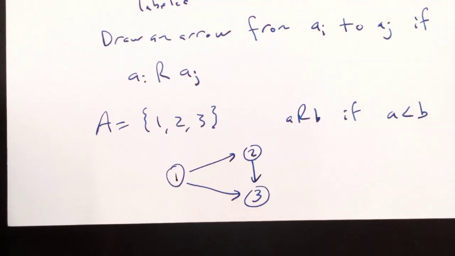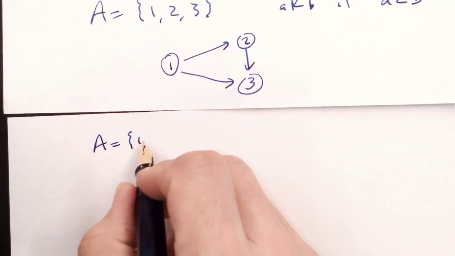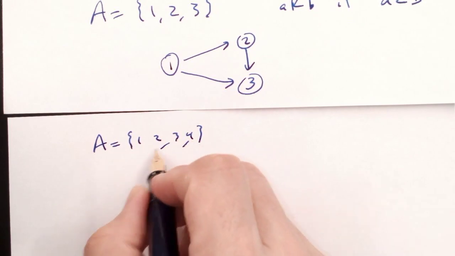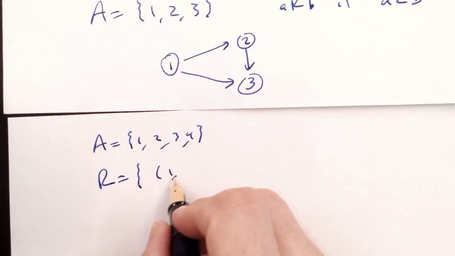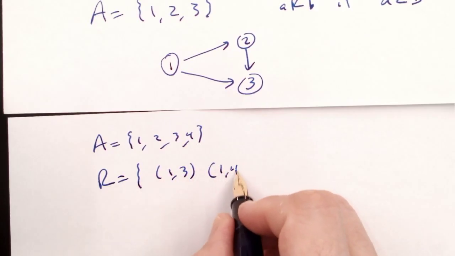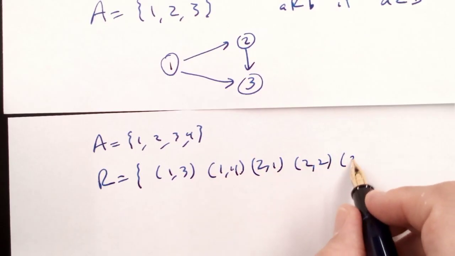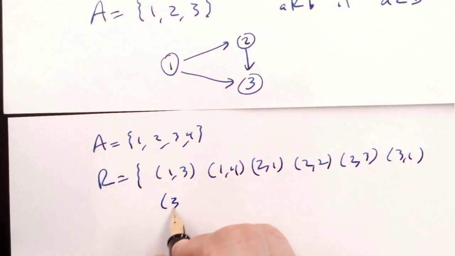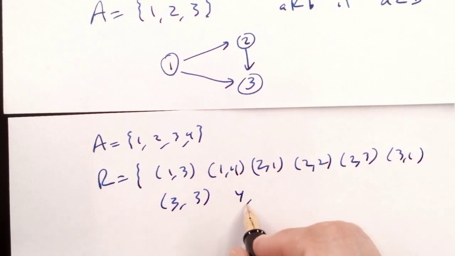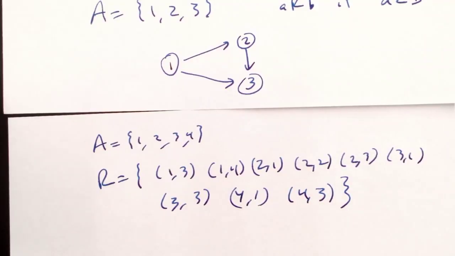I could give you a random relation. I've given you the nodes.